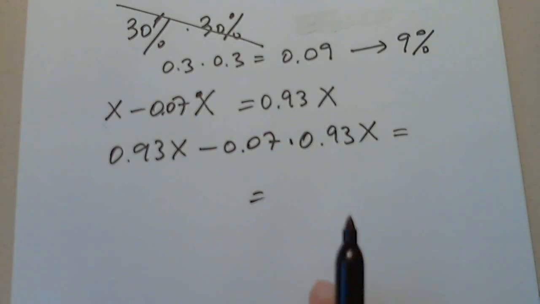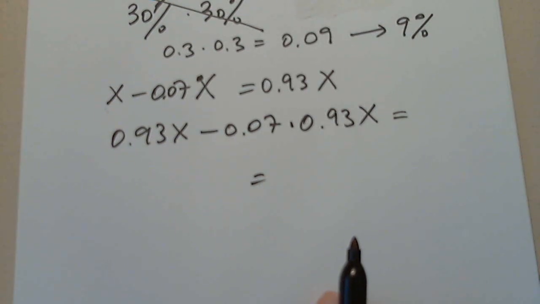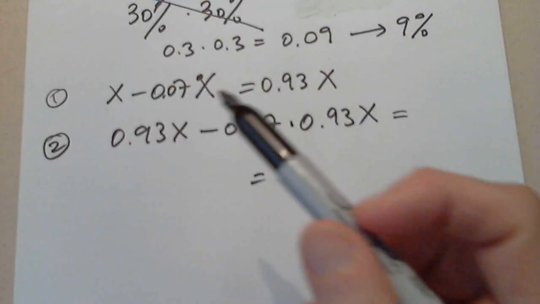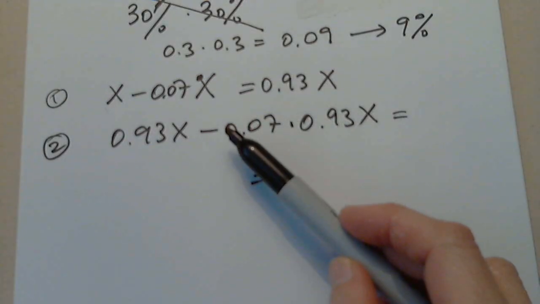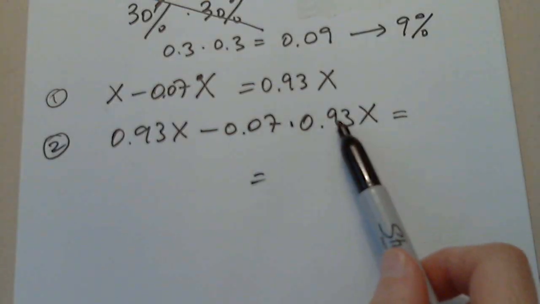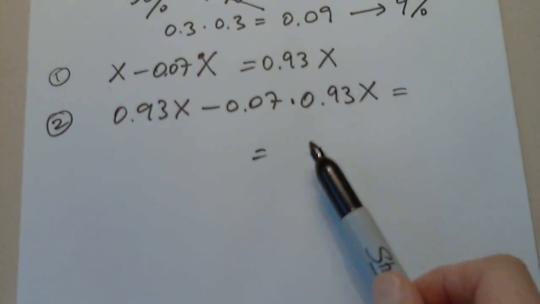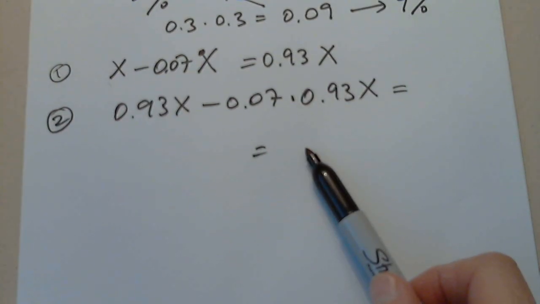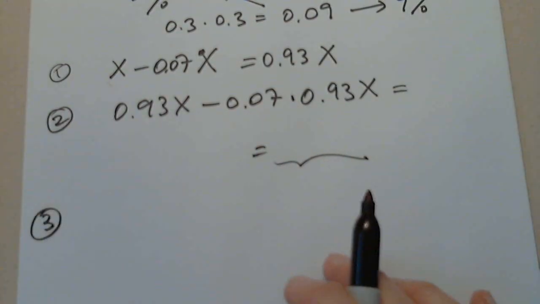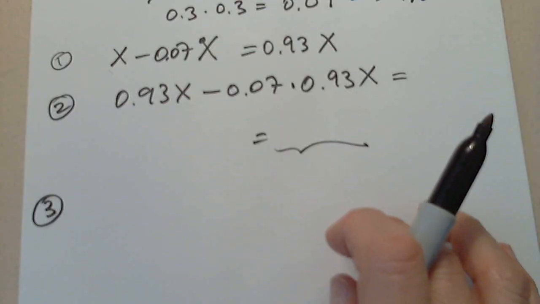And let's see what we get. So this is the first time. The second time, we are decreasing this amount by 7%. And we get the last amount. I need to determine this, and then the third time, I decrease this by 7%.